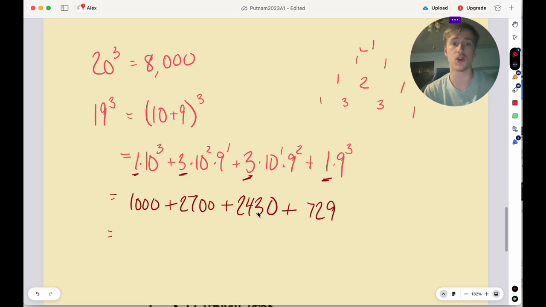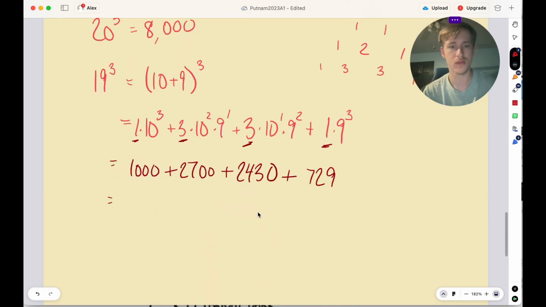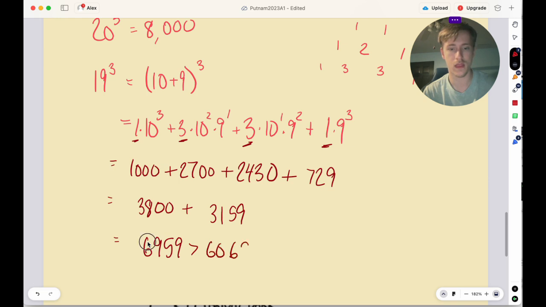Again, you just need to make sure whether or not it exceeds 6069. And then we get 3,800 plus 3,159, which is definitely going to exceed it. Does that mean 19 is our answer?